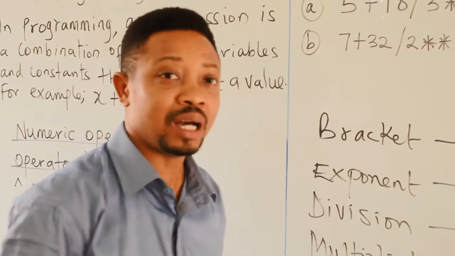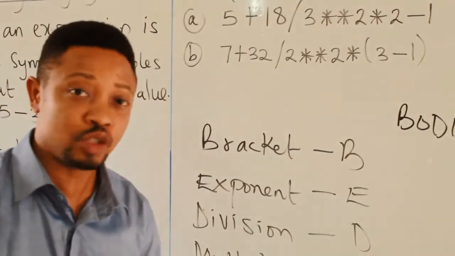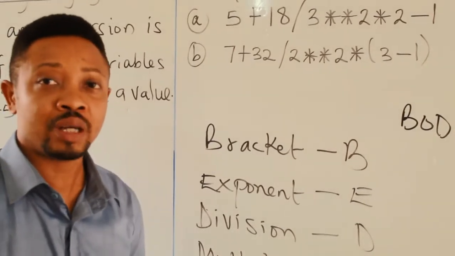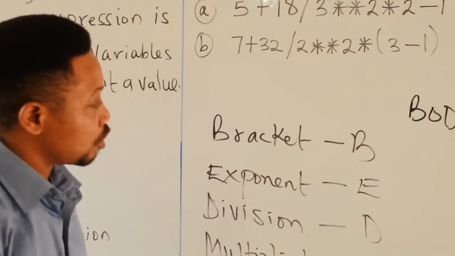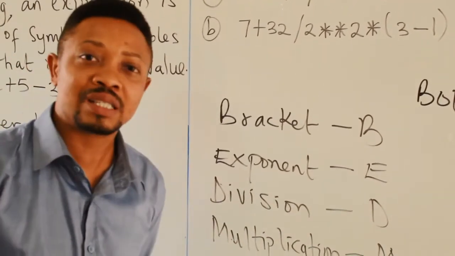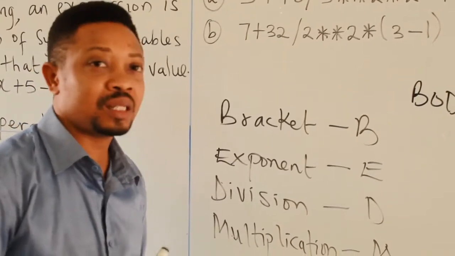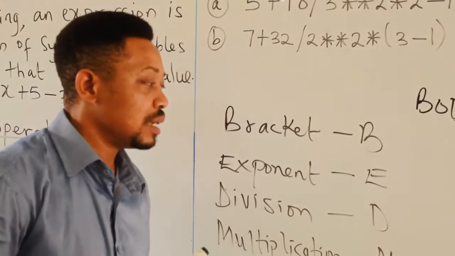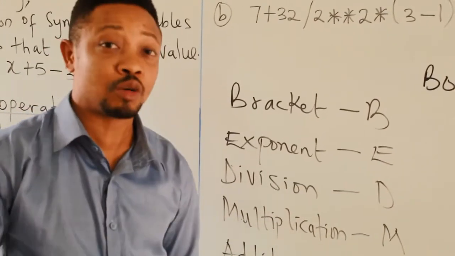We have stated here that we have the brackets, which is the first thing you must always solve when you encounter expressions with brackets. The second thing you will look at in that expression is the exponent, which is the E. If the exponent is not there, you look at the division or the multiplication or the addition or subtraction, as the case may be.